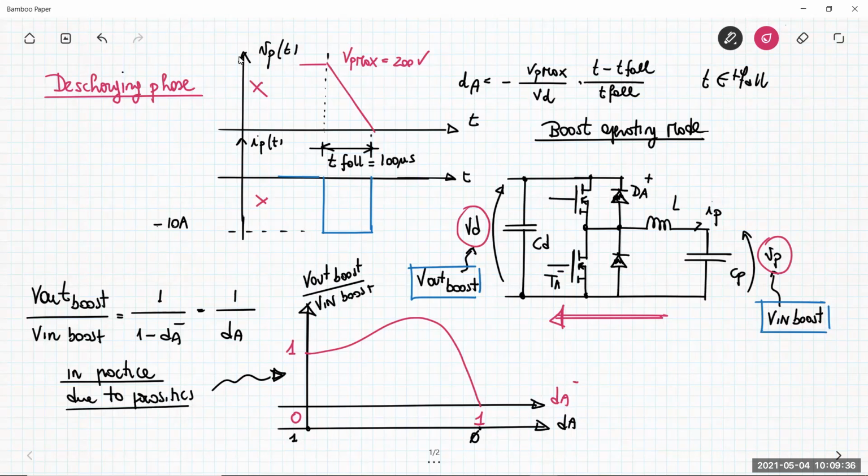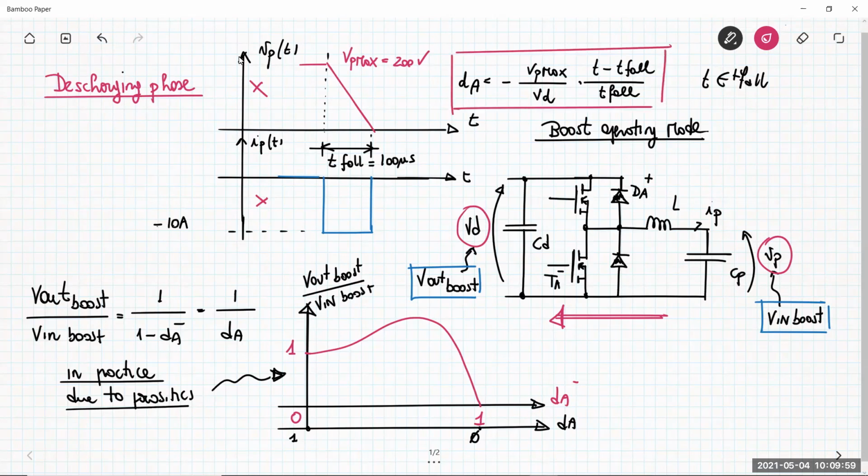Remember that in this specific range, which is called T-fall, that lasts for 100 microseconds, the duty cycle of my half bridge is reducing from 0.8 to 0. And so it has this specific equation that we previously derived.